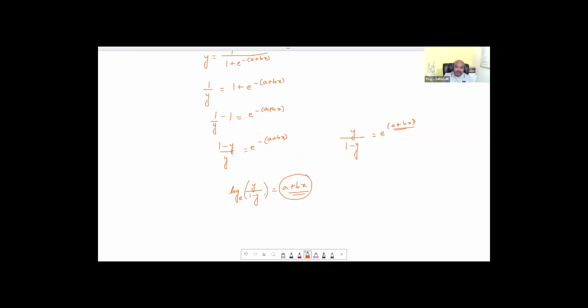So if I make this generic, I can say ln, which means natural log, means log to the base e, of y upon 1 minus y is equal to beta 0 plus beta 1 x1 up to beta n xn. Now what is my y?